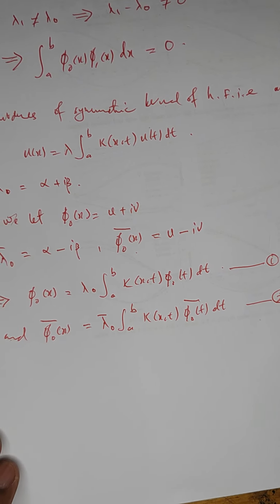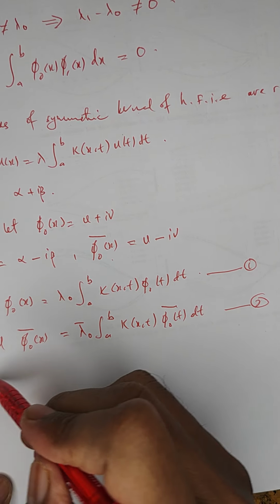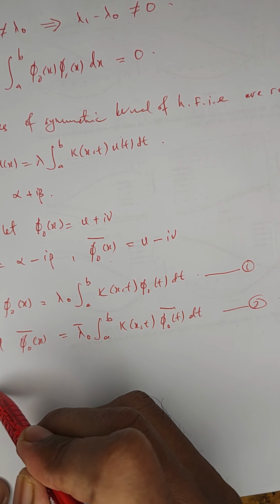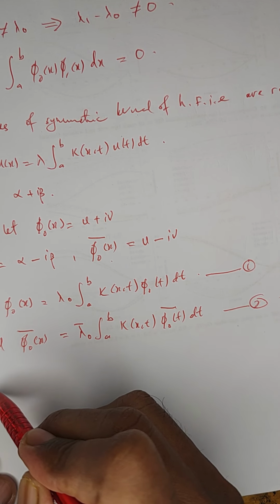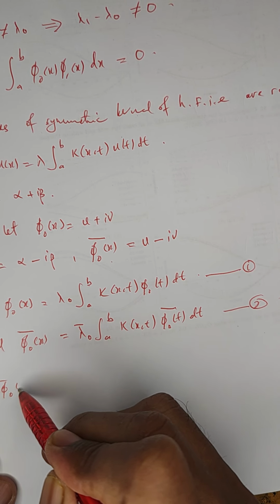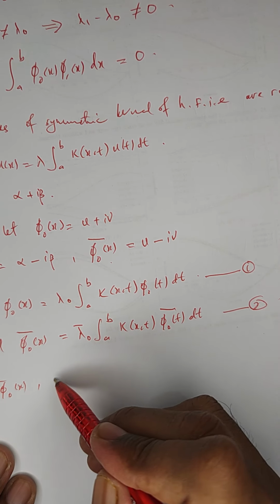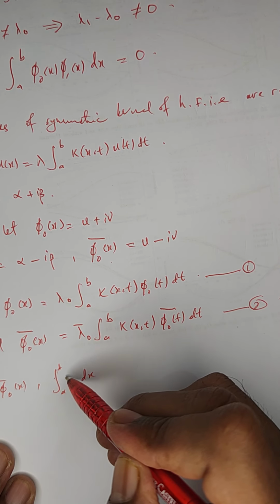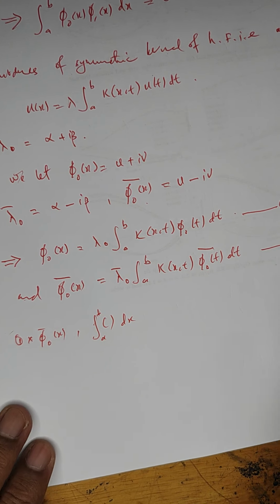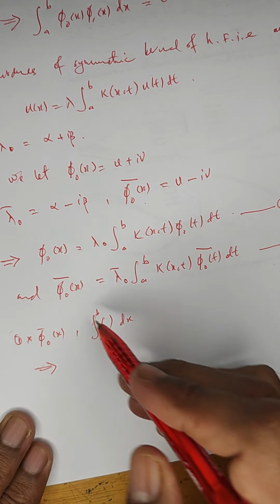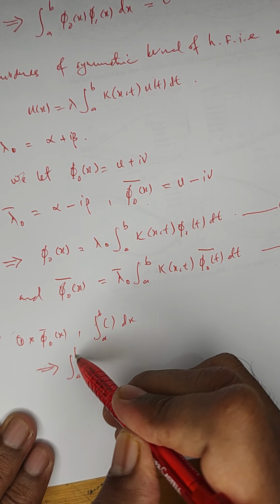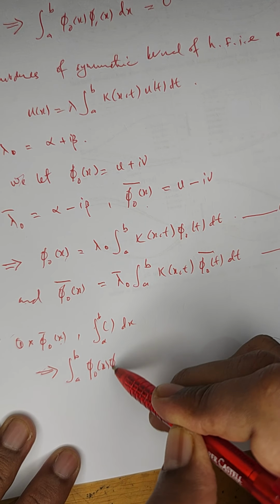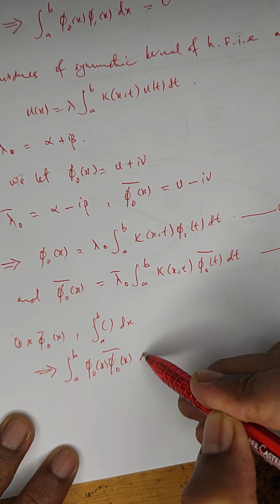Now from equation number 1, we multiply by the conjugate of phi naught, and we integrate over x from a to b. So on the left side we have the integral from a to b of phi naught x times phi naught x bar dx.